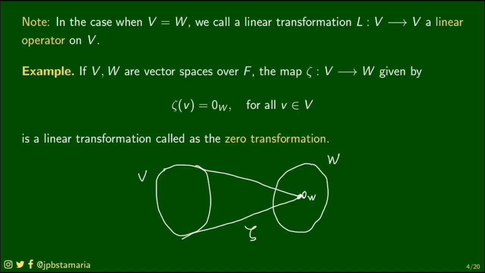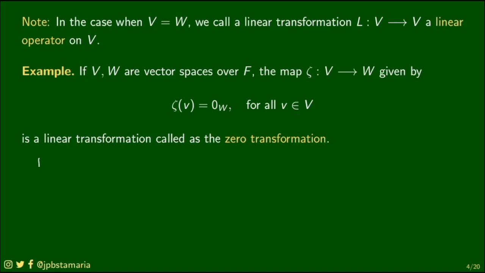Now we can prove that this function in particular is going to be a linear transformation. To verify, let's take two vectors u and v from V. Then, if I take the image of the sum u plus v under zeta, it's going to be 0_W, as it is the definition of zeta.